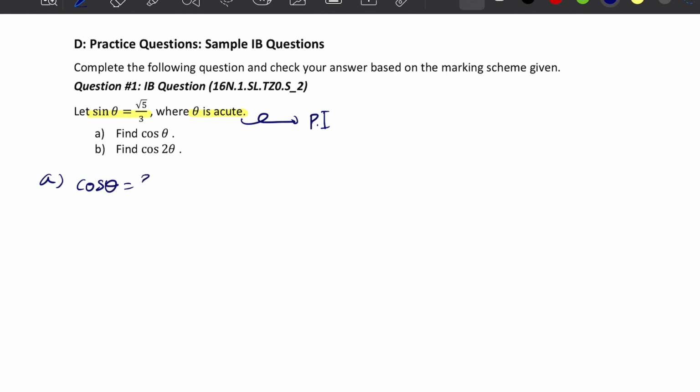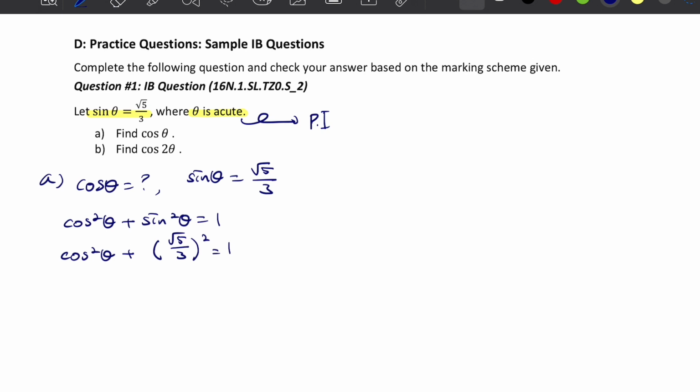So cosine theta value is unknown, but we do know that the sine theta value is equal to square root 5 over 3. So using the Pythagorean identity, which is cosine squared theta plus sine squared theta equals 1, we can identify the cosine theta value. The sine theta value is square root 5 over 3, squared, right?